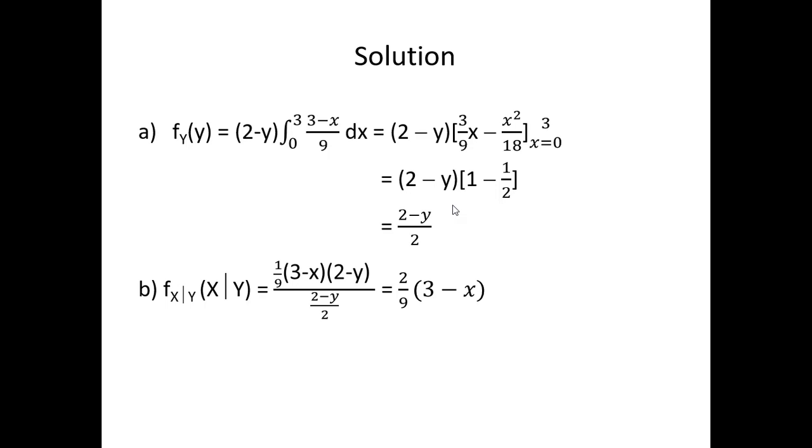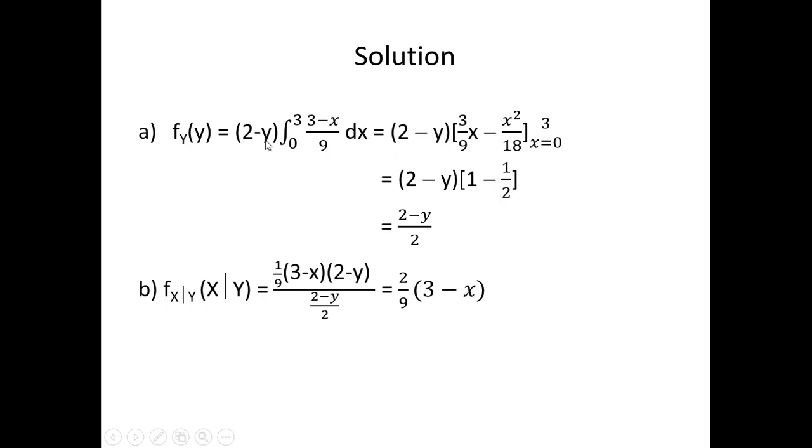Okay, so here is the solution. For the marginal with respect to y, we're going to integrate with respect to x. So I could take out the term involving y. I take 2 minus y outside of the integral. And then we're looking at the integral from 0 to 3 of (3 minus x) over 9 dx.